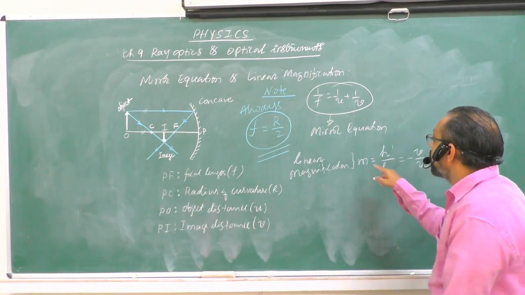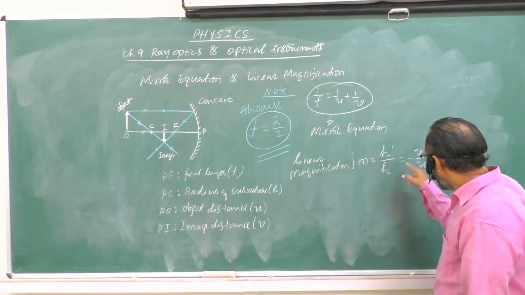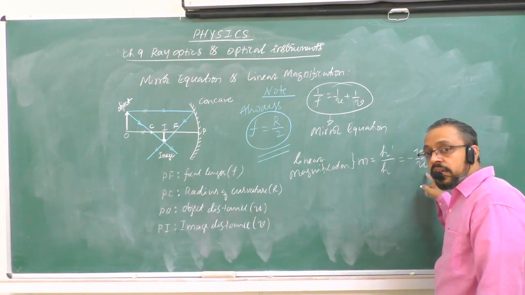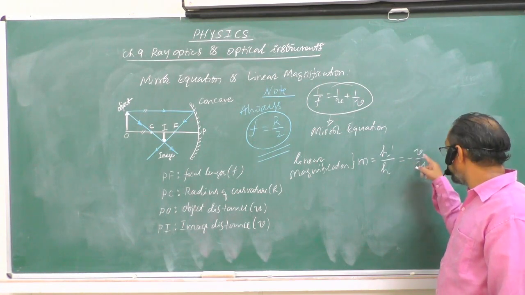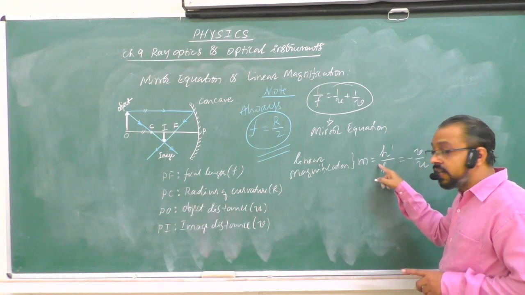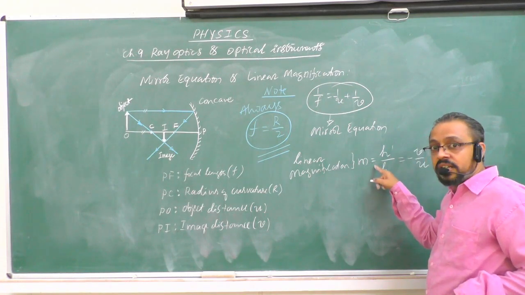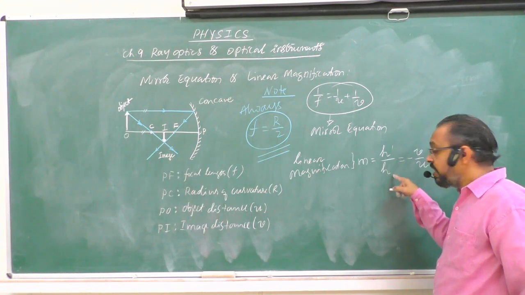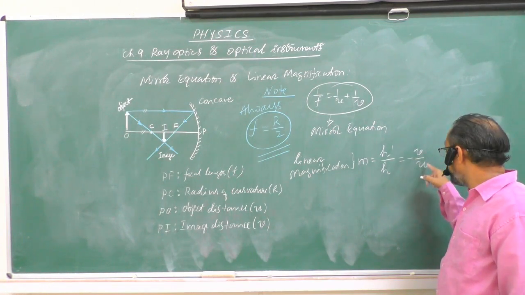So M equals H dash divided by H, and that is equal to minus V divided by U. Here is the negative sign, minus V divided by U. Be careful, there is no negative sign in H dash divided by H.